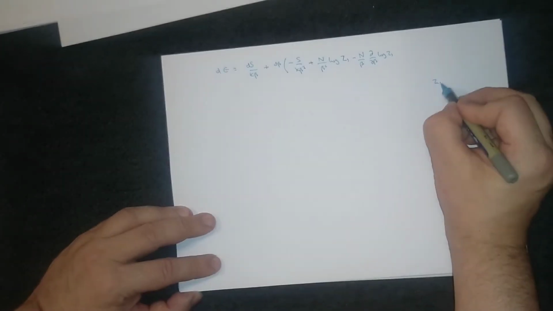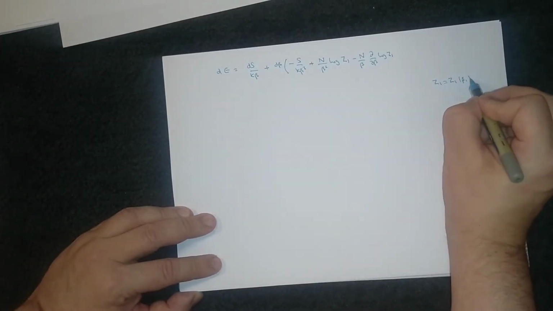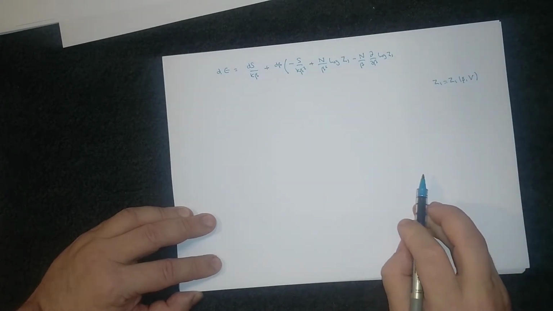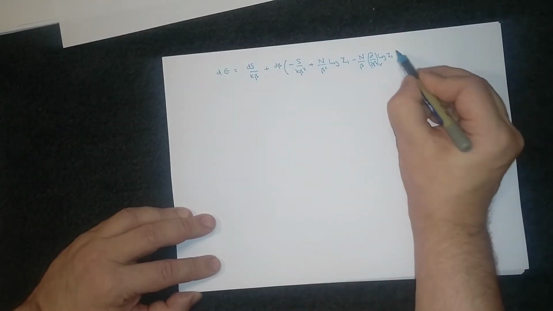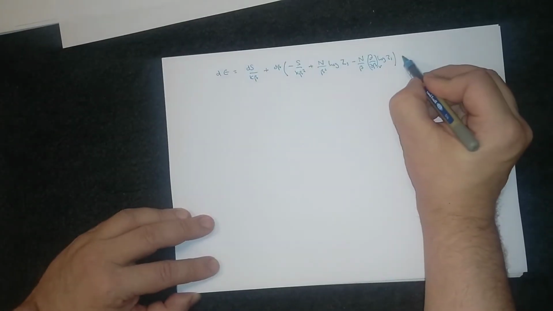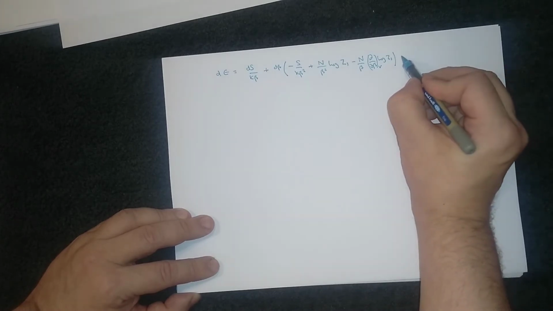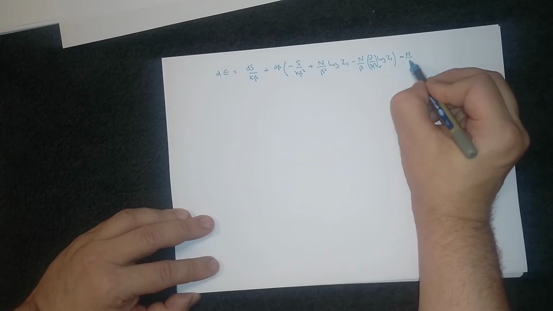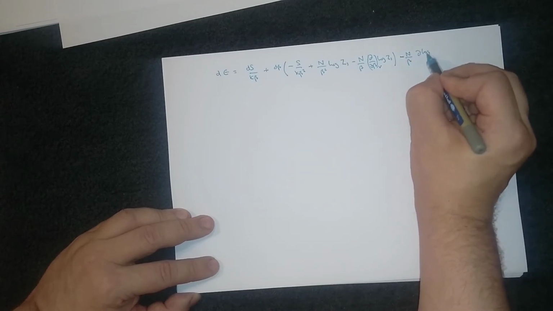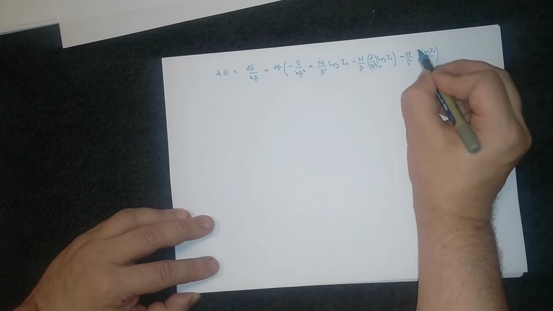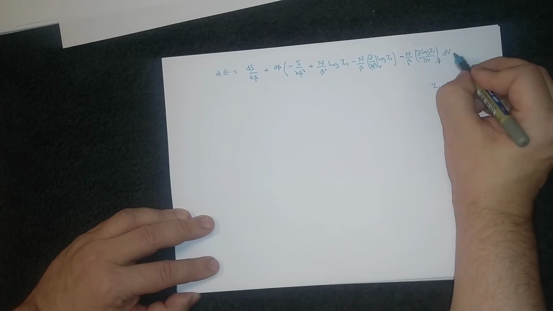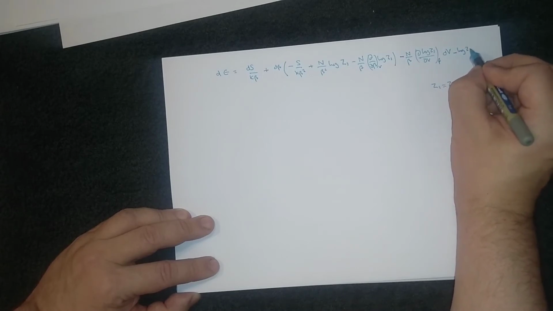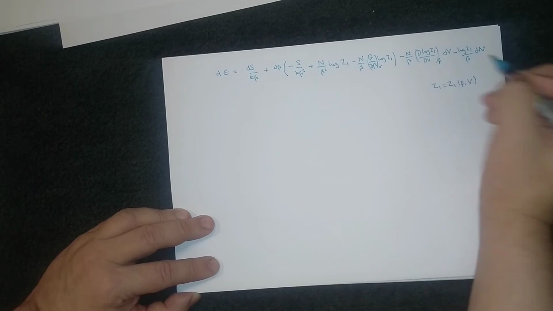We should regard z1 as a function of beta, but it's also a function of the volume, because the energy levels depend on the volume too, so that's at constant volume. We have minus N over beta d log z1 by dV, at constant beta, dV, and finally minus log z1 over beta dN.